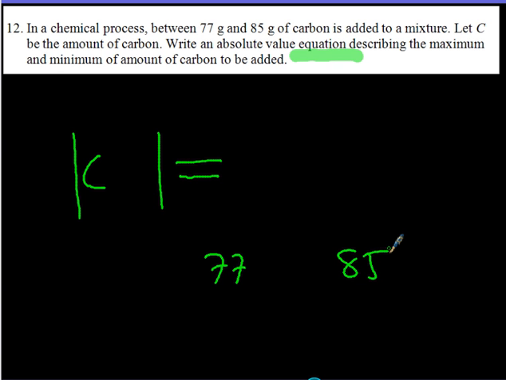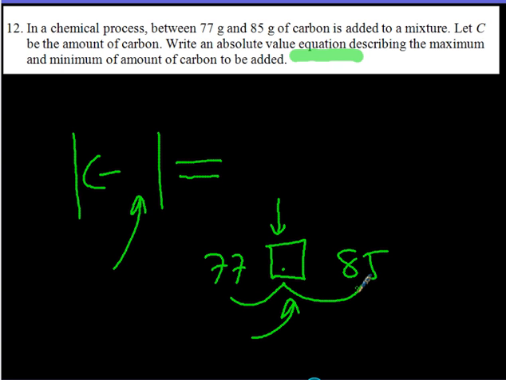So now I'm going to say, all right, well, if 77 is the minimum and 85 is the maximum, then the number that's going to go in here in the equation, that's going to be subtracted from C, goes here. Where? Exactly halfway between these two numbers.